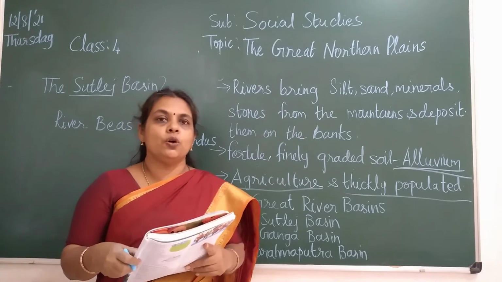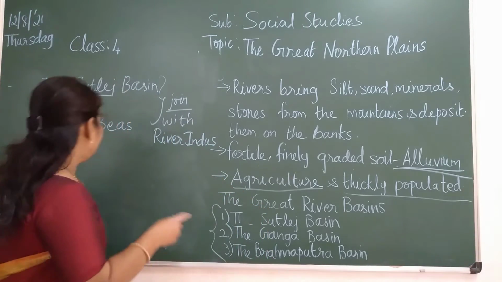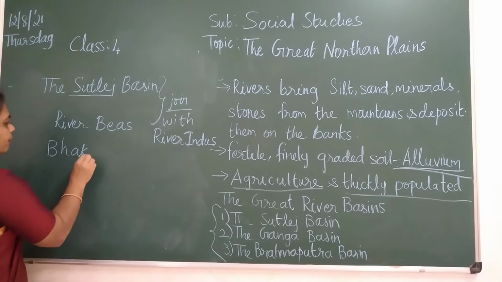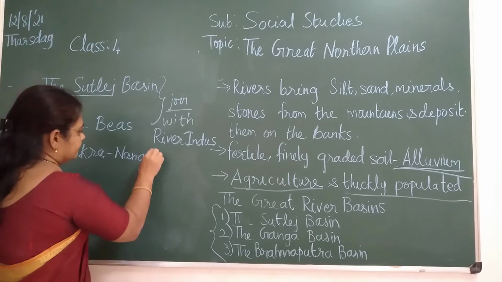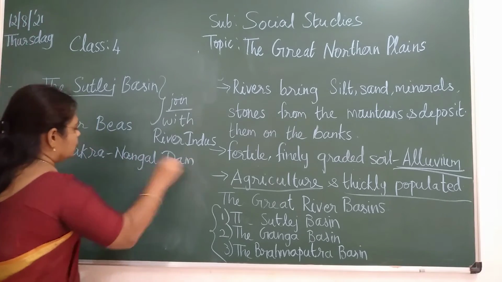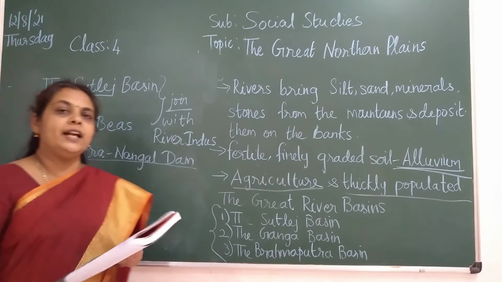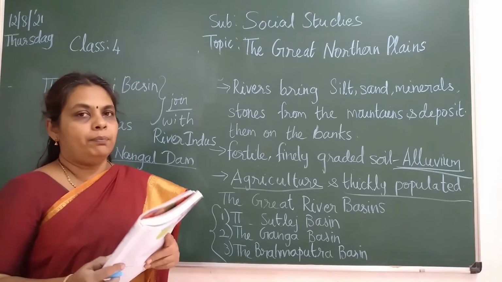One famous dam is also built across the Sutlej, children. It is known as the Bhakra Nangal Dam. So it has provided irrigation facility for Punjab.